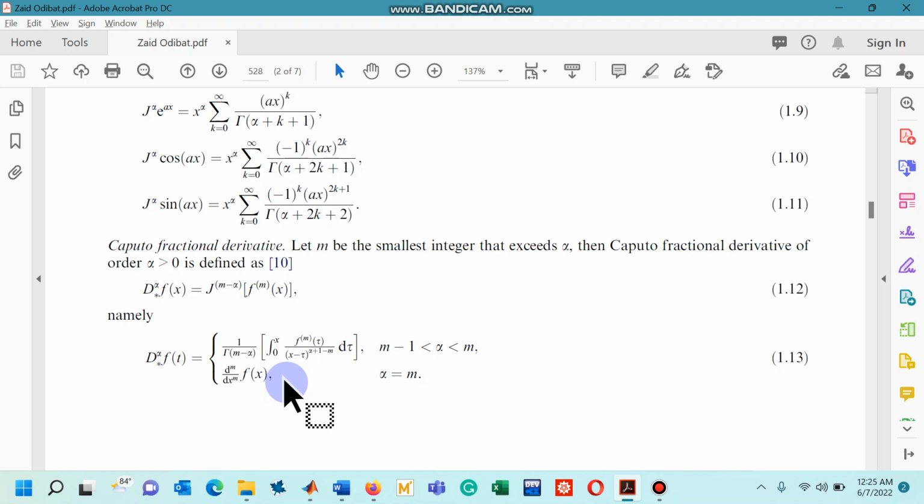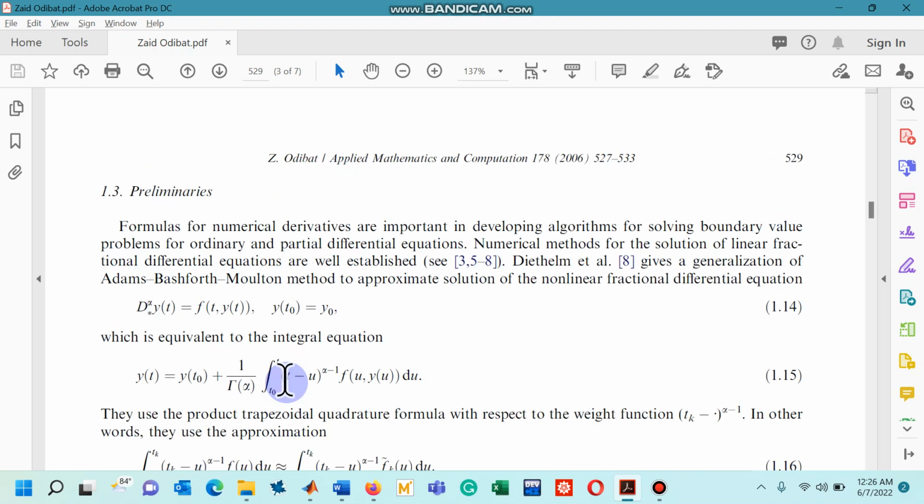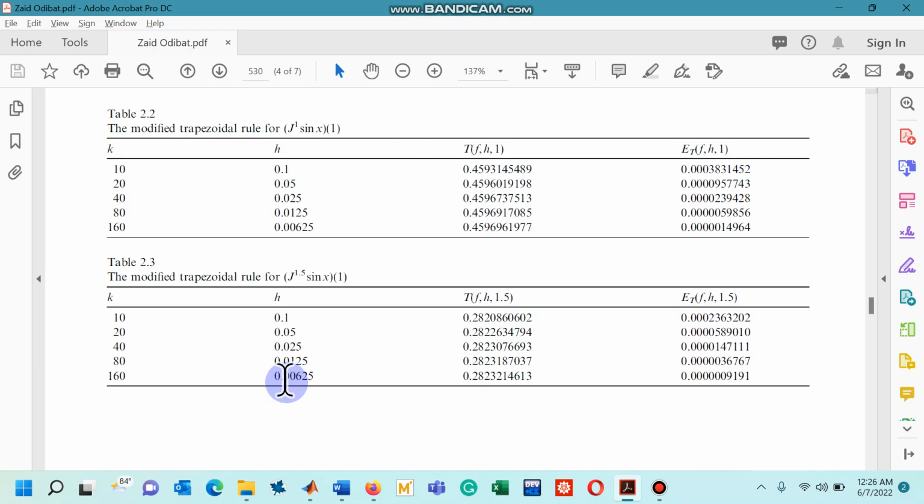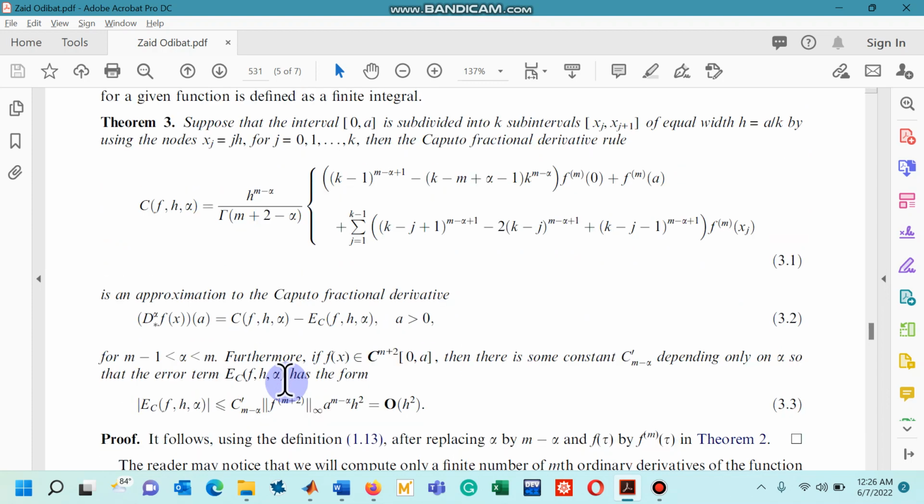Now the scheme proposed by the author for numerical Caputo fractional differentiation is given in theorem 3 of this research paper. As you can see on the screen, theorem 3, equation 3.1 is the general scheme. This is what we call the Caputo fractional derivative rule.